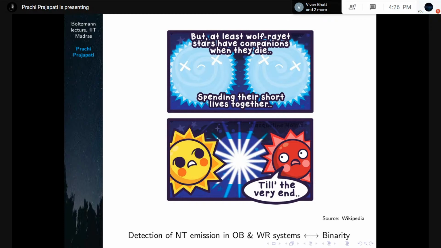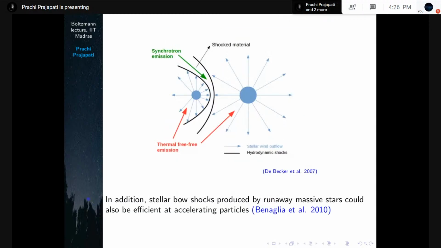Generally, if we see observationally, most of these stars are found in binary systems rather than being isolated, specifically massive stars. So in the case of binary systems with two massive stars, let's say we have one OB type star or Wolf-Rayet star here and the second massive star here.